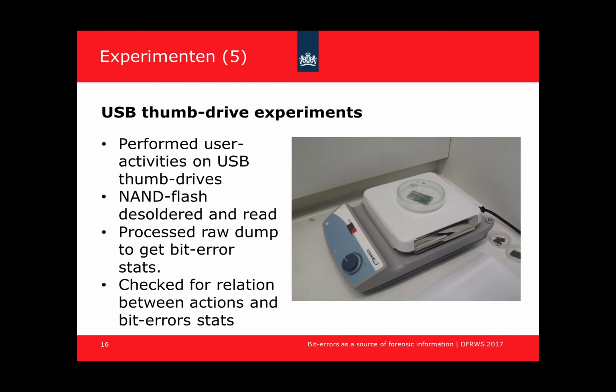After that, we removed the NAND-flash from the USB device and read it at the end of the experiment. Then we processed the dump, which means that we de-randomized it and decoded it, and got statistics on the number of bit errors. After that, we checked for a relation between these statistics of bit errors and the actions that were performed on the device itself.